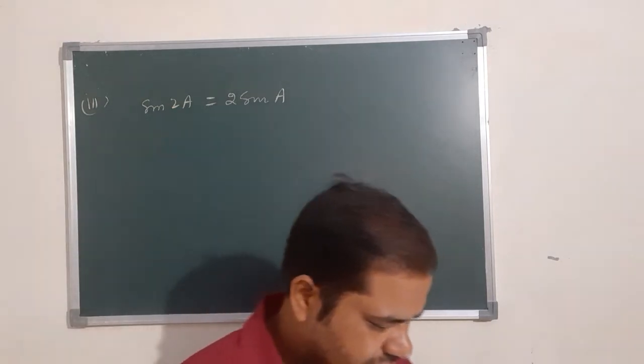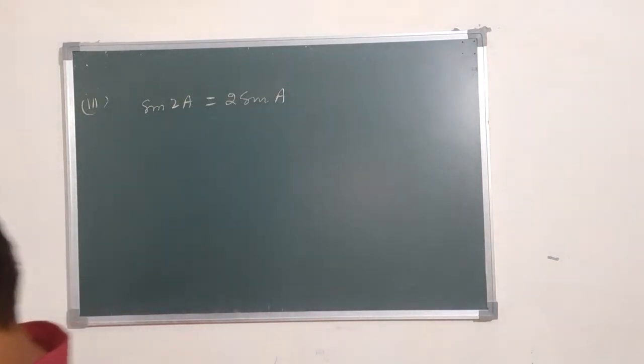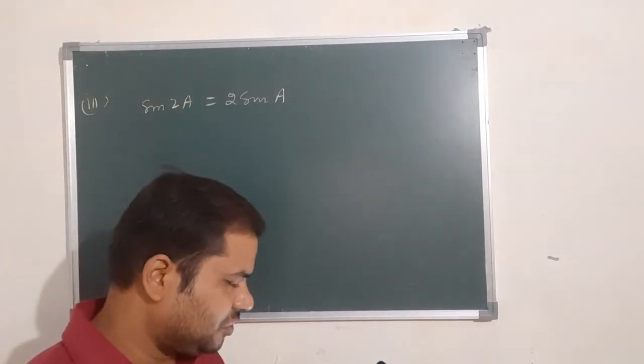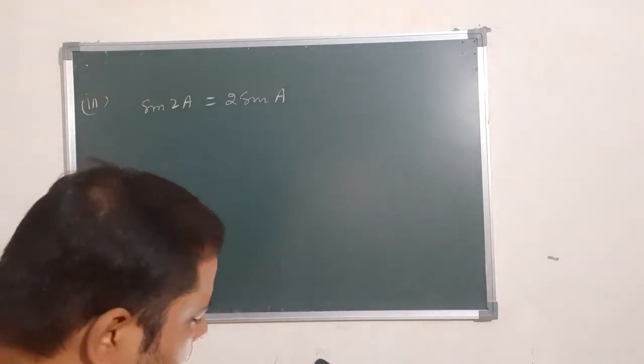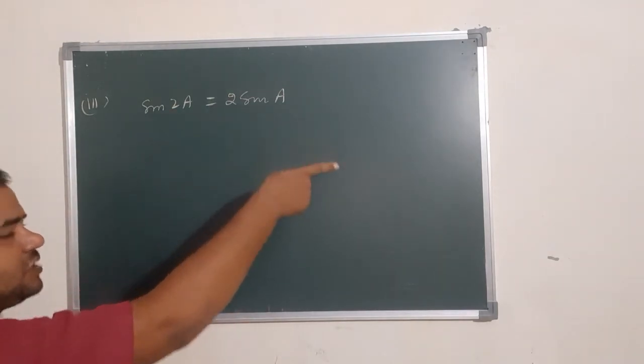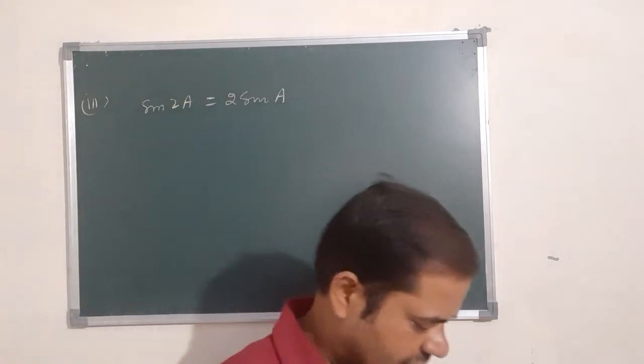This is true only when A is equal to 0, 30, 45 and 60? Maybe this is correct only when A is equal to 0, because if you put A equal to 30, then this is sin 60 and this is 2 sin 30. So this is not correct.